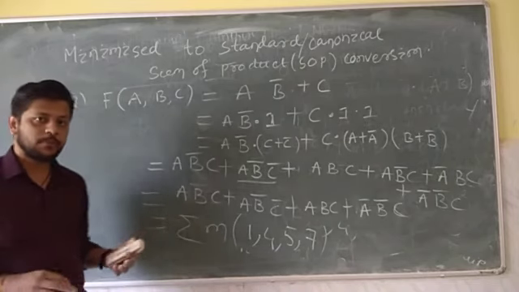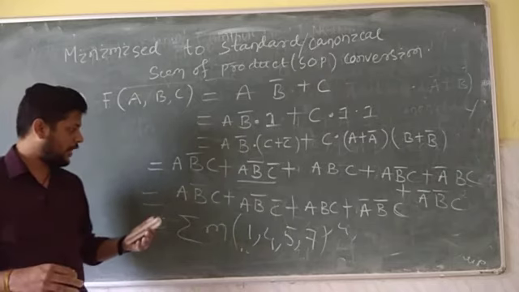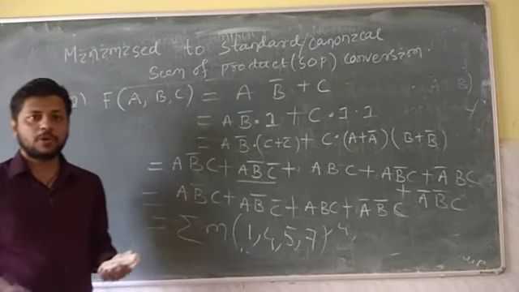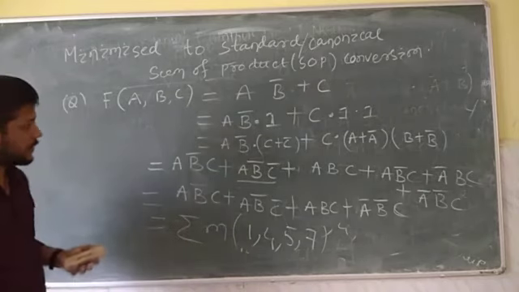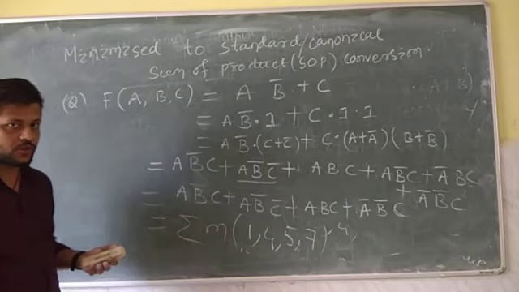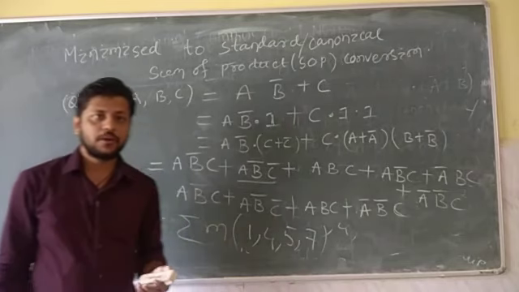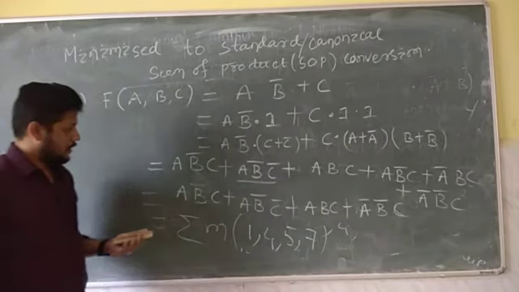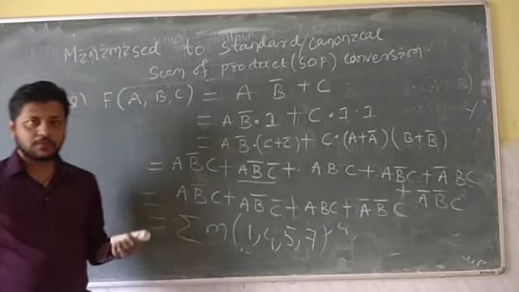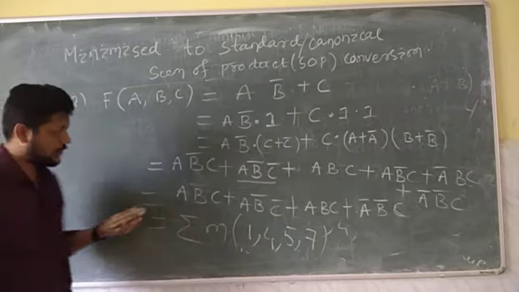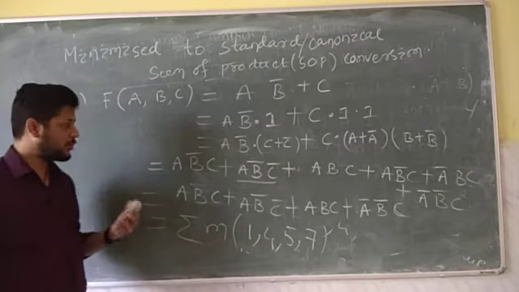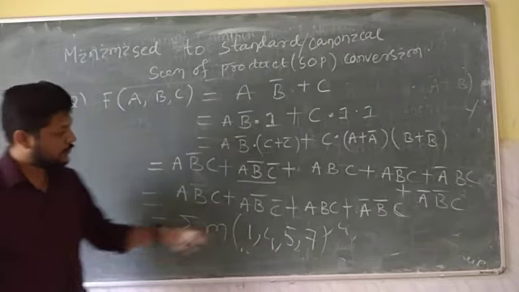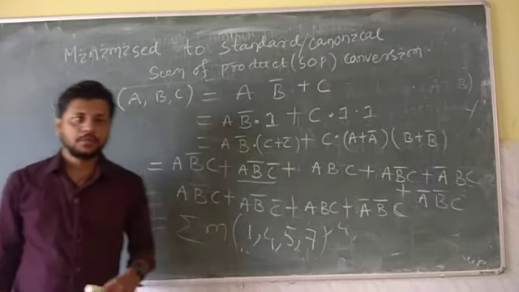I have already taught you how to convert from decimal to binary or binary to decimal. You need to remember all the binary expressions from 0 to 15 in terms of decimal, and decimal to binary conversion. That will be helpful when you convert canonical form to min terms.